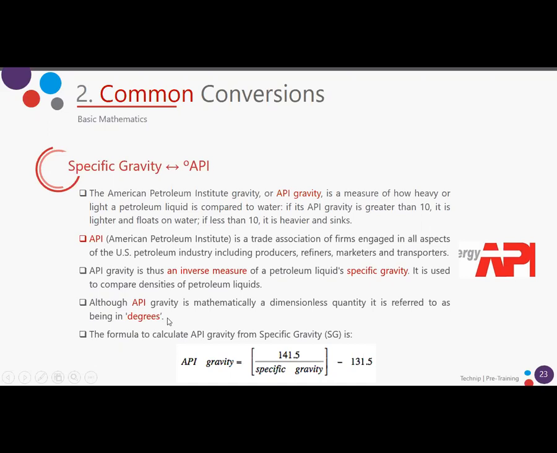Although API gravity is mathematically a dimensionless quantity, it is referred to as being in degrees. So the formula to calculate API gravity from specific gravity is: API gravity equals 141.5 divided by the specific gravity, minus 131.5.